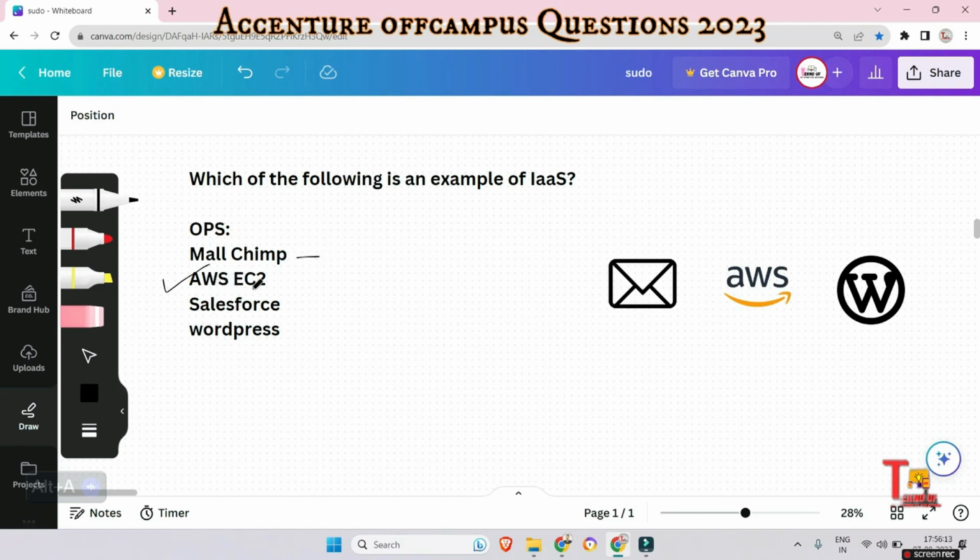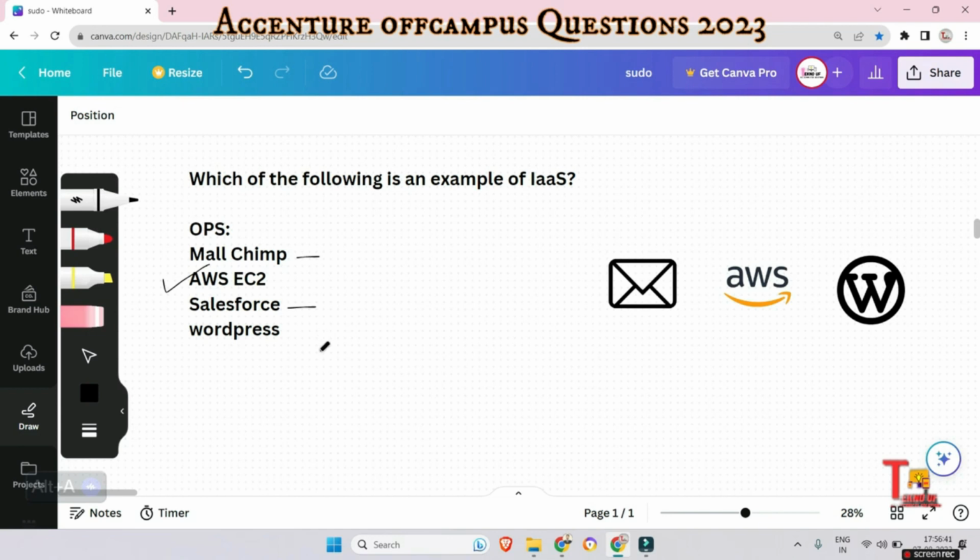And AWS EC2 is an example of what? IaaS, right? And Salesforce is an example of software as a service, SaaS, right? And WordPress is a web publishing platform that can be deployed on various hosting options, right?